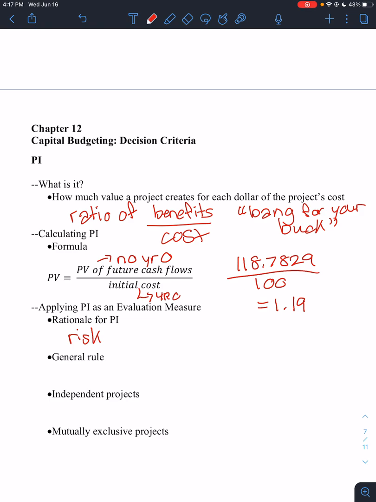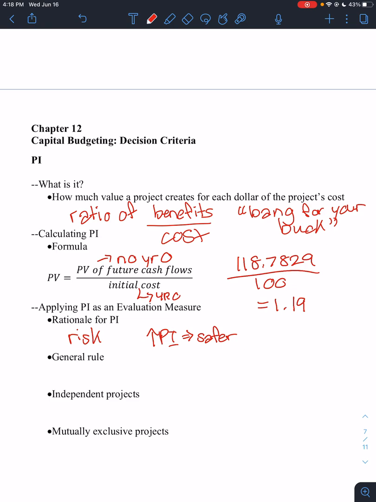And that way my butt doesn't start hurting from sitting on a wooden chair. But as profitability index gets closer and closer and closer to 1, well, that cushion's going away, right? So having a higher profitability index, if we can think, means the project's a little bit safer maybe, because you have more cushion before you turn into a bad project.